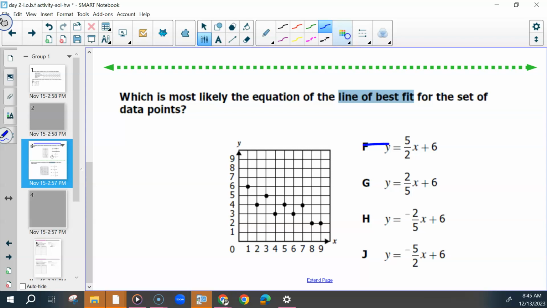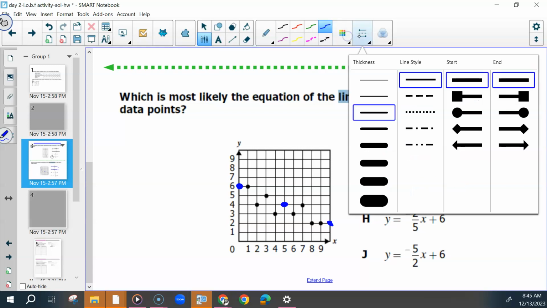Negative. So I can get rid of the positive ones. And then I can graph these two on it and see which one matches or best fits the data. So if I were to graph H, like a regular line, start at positive 6, I'm going down 2 to the right 5 as many times as possible.